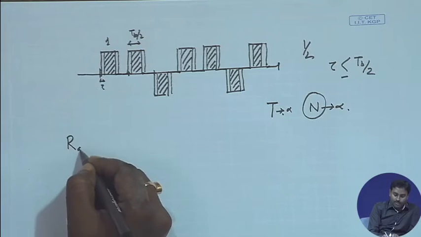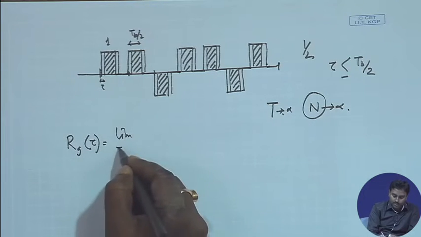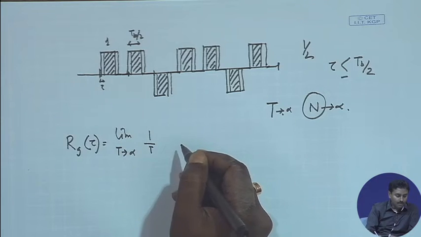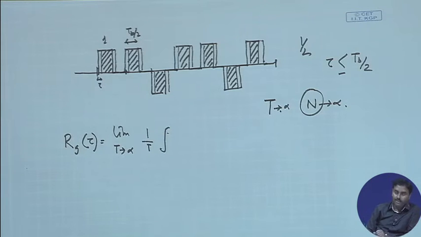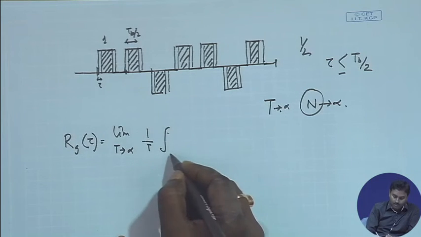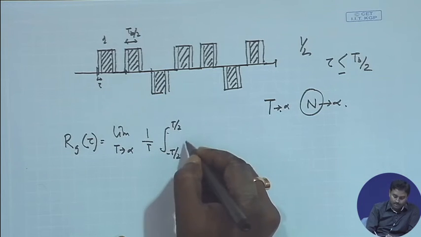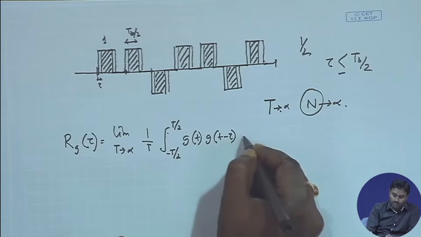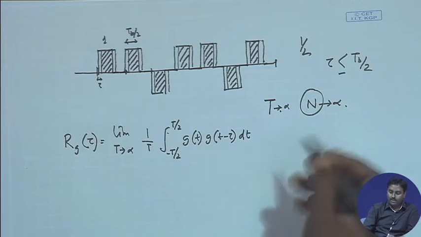Now my autocorrelation function, the way we have defined it, because it is a power signal, should be limit t tends to infinity 1 by t, integral from minus t by 2 to plus t by 2 of g(t) g(t minus tau) dt. Now, what is my t?